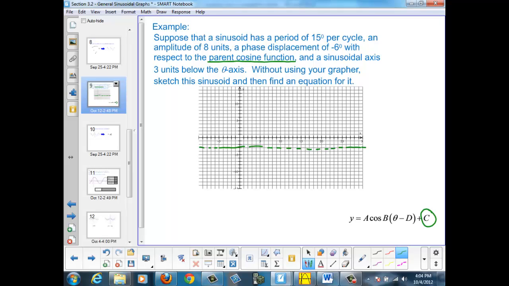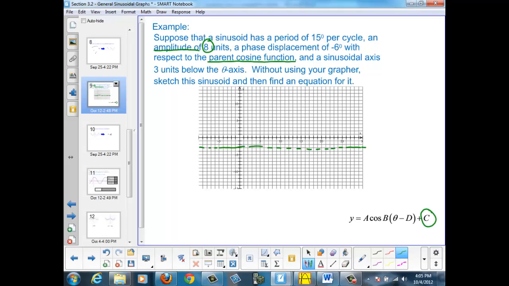our vertical translation. The next thing I will work with is the vertical dilation. How far did we stretch our graph above and below our sinusoidal axis? Here, that's known as the amplitude, and we can see that it's 8 units above and below our sinusoidal axis.